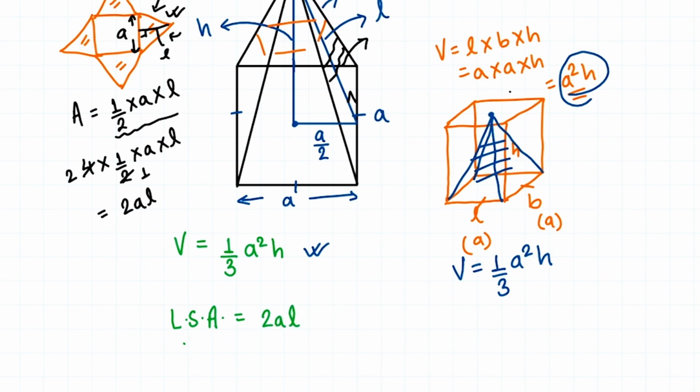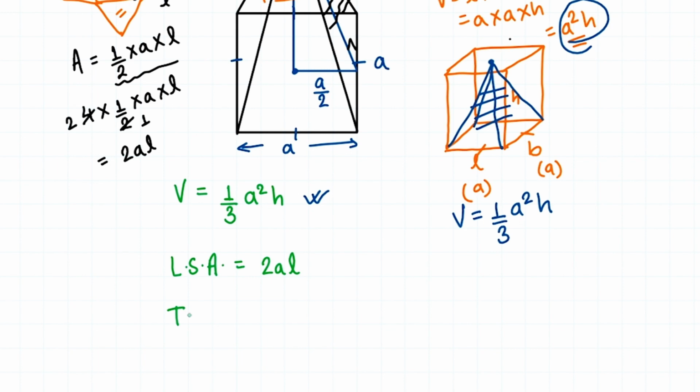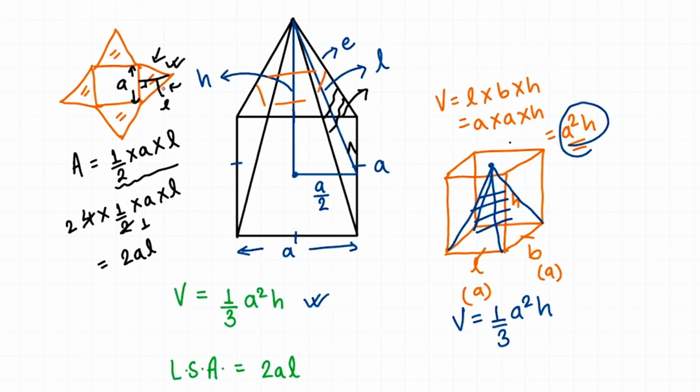Okay. Now our last formula is the formula of total surface area. For total surface area, we have already calculated the area of these 4 triangles, right? Which is our LSA, which is 2AL. We just need to add the area of this square right here. And the area of square is A square, right? Since the side of the square is A, it's A square.